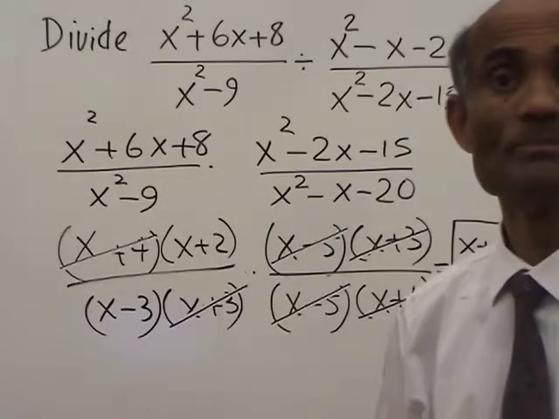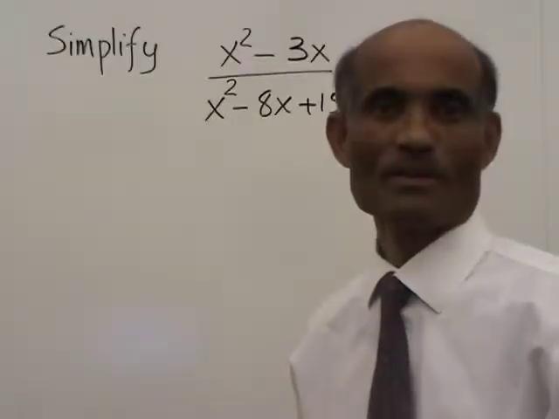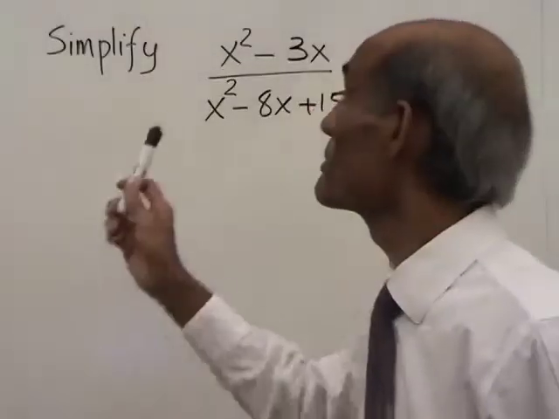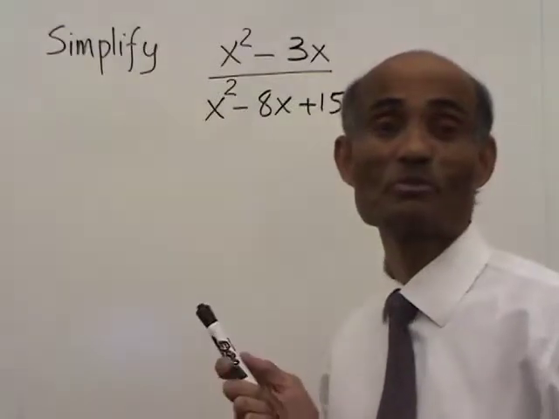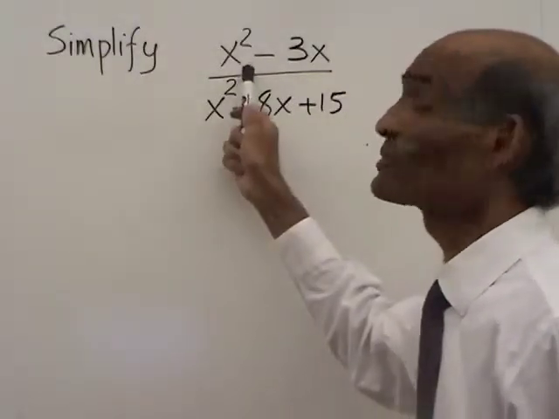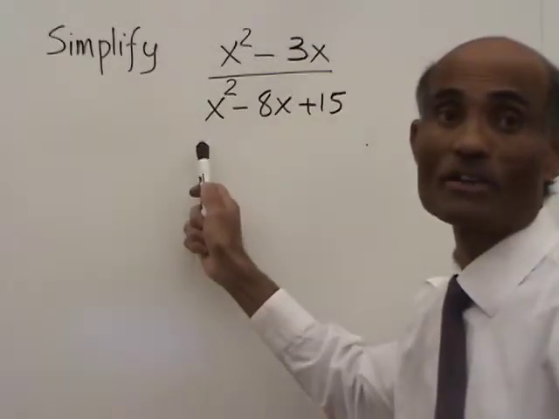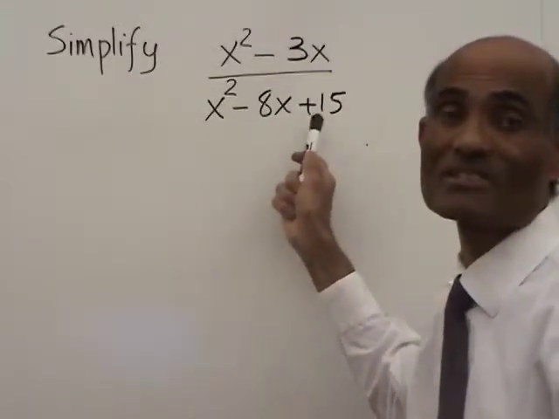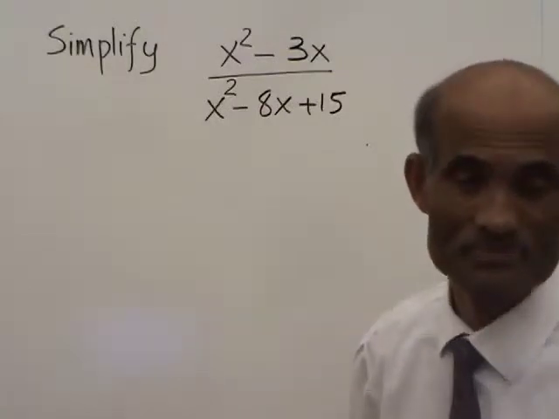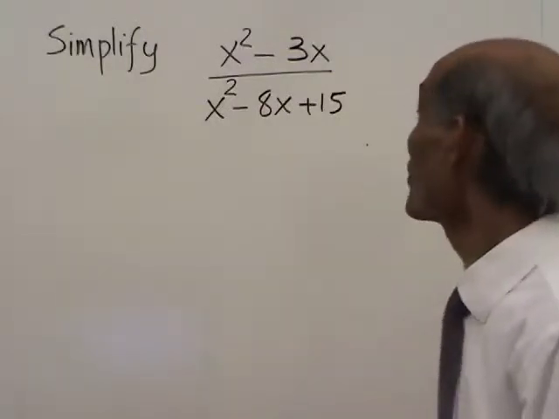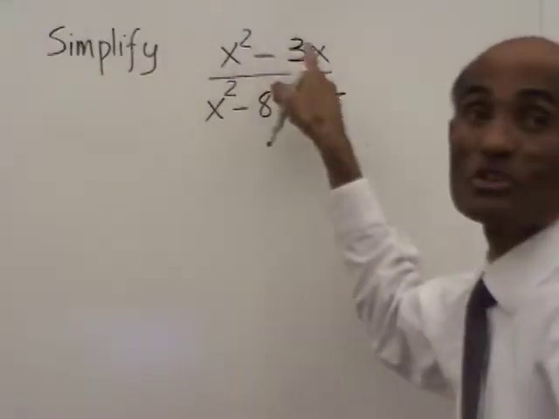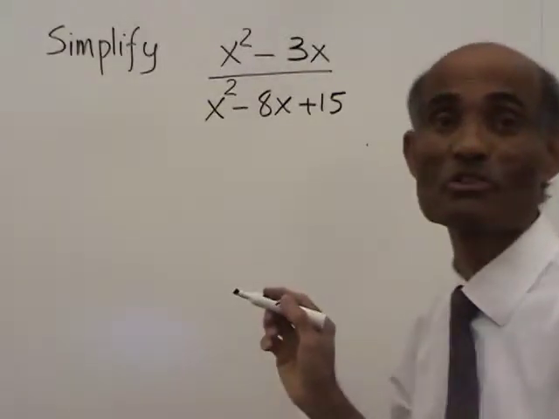Okay, we will now simplify this algebraic expression. X squared minus 3x all over x squared minus 8x plus 15. Well, what do we do? Factor the numerator. How do you factor the numerator?